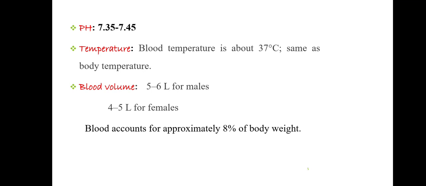Because it is above 7, we are going to call it slightly alkaline. The pH of blood is very much important, because above the average or below the average, there are their own conditions in the body and their own implications. So it's very important that blood is kept at this particular pH.